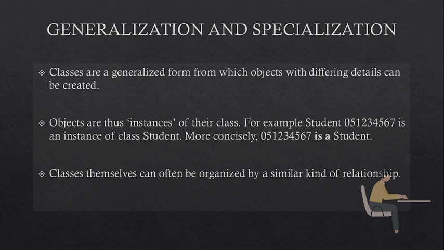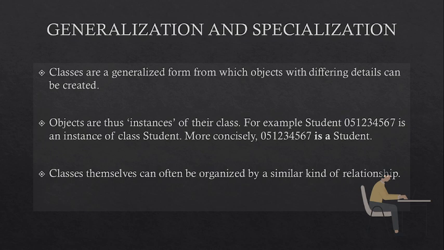So the class is the template, and when we create something out of the class, that is an object. We have an example, student 05134567. It is a student, but it has a specific value, an instance. Therefore, this is an instance of the class student. More concisely, 05123457 is a student.